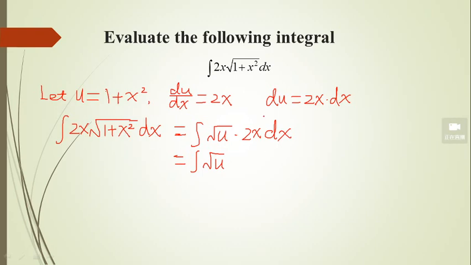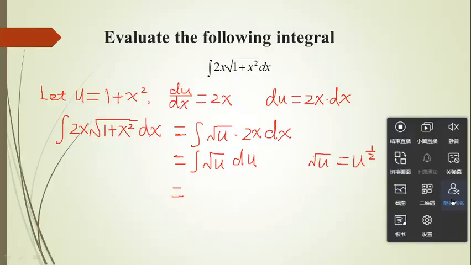That will be du, the differential term for u. Now you can rewrite root u as u to the exponent 1/2. Now let me ask someone to work out the antiderivative for this term. For root u, what is the antiderivative?